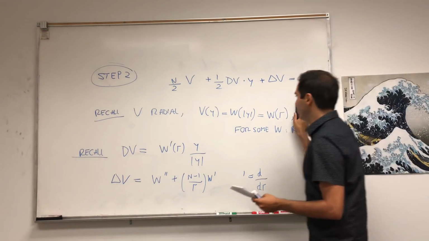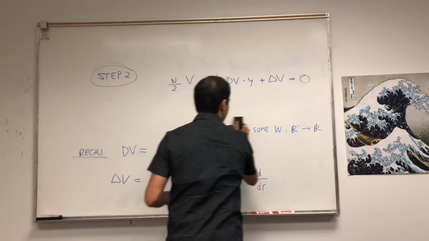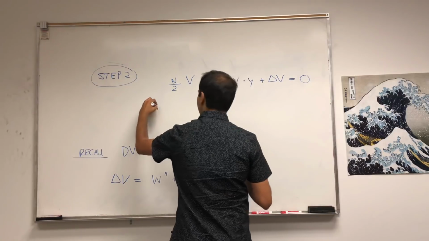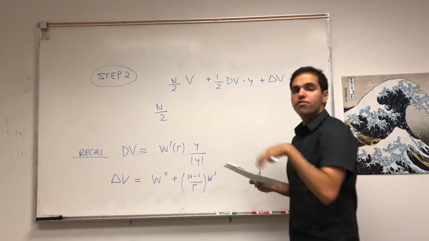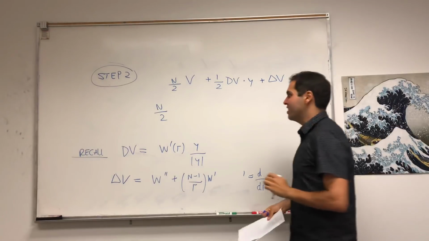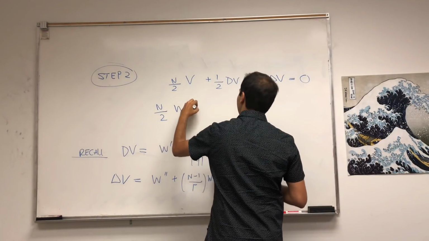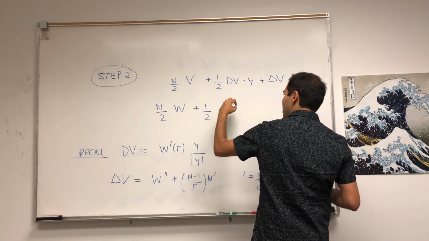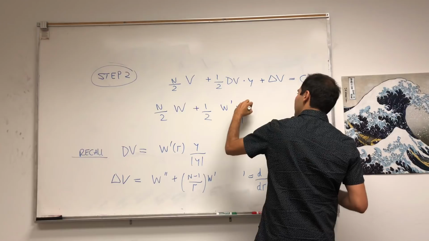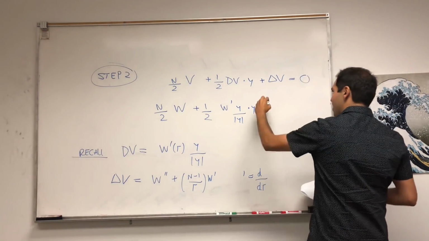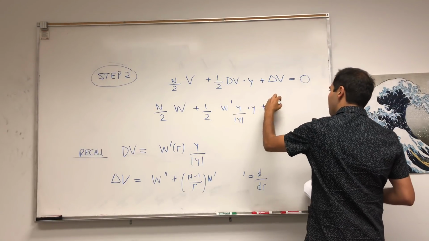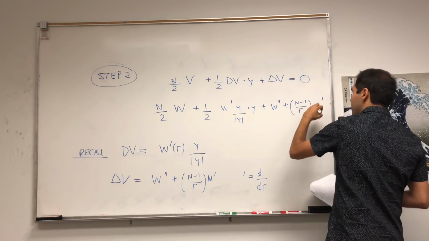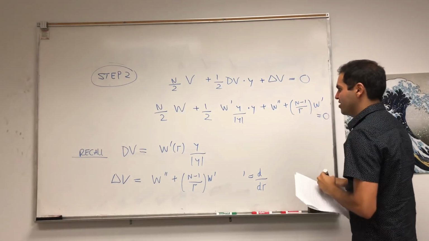Let's now plug this into the PDE. So we're left with n over 2. Remember, v is just w, but in those radial coordinates. So w plus 1/2 dv, which is w prime y over length of y dotted with y, and Laplacian of v is w double prime plus n minus 1 over r w prime, and all this junk equals 0.